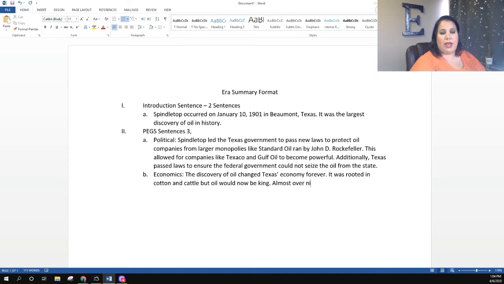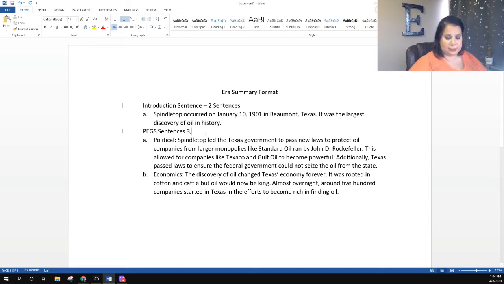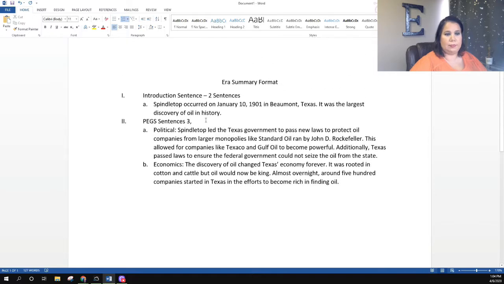Almost overnight, around 500 companies started in Texas in the efforts to become rich in finding oil. All right, so that gave us 1, 2, 3 more sentences. So we're at 6 so far for our PEGS.